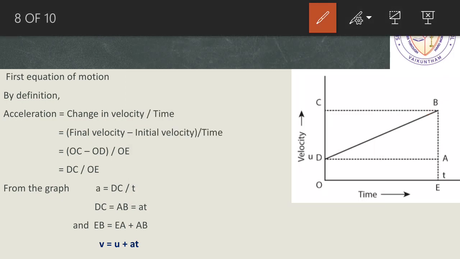Here, this is your initial velocity, this is your final one, up to here. Then divided by time. Time taken is OE, so divided by OE.